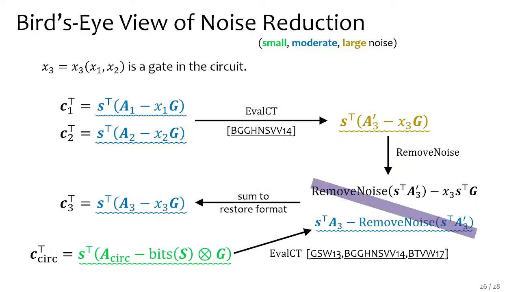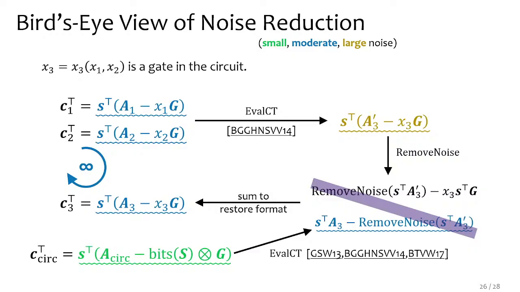Then you cancel those 2 remove noises, and then you restore the format. Moreover, the output encoding will have moderate noise because the noise fully comes from the evaluation of the circular encoding, which starts from fresh. And then you can do this infinitely many times without any restriction on the depth.